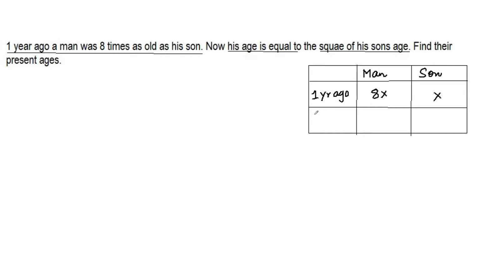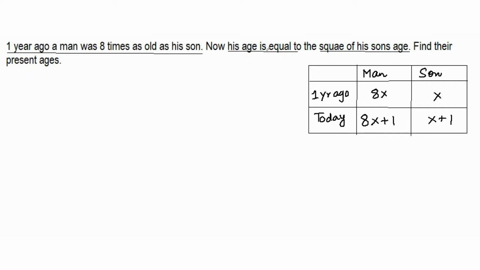Now what would be their ages today? So if 1 year ago my age was 29, then my age right now is 30. Therefore, if 1 year ago the man's age was 8x, today his age is going to be 8x plus 1. Similarly, if the son was x years old 1 year ago, then his present age is going to be x plus 1.